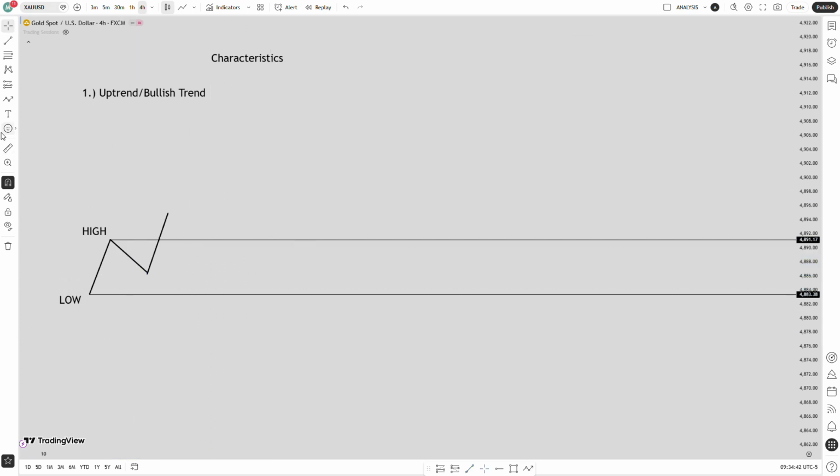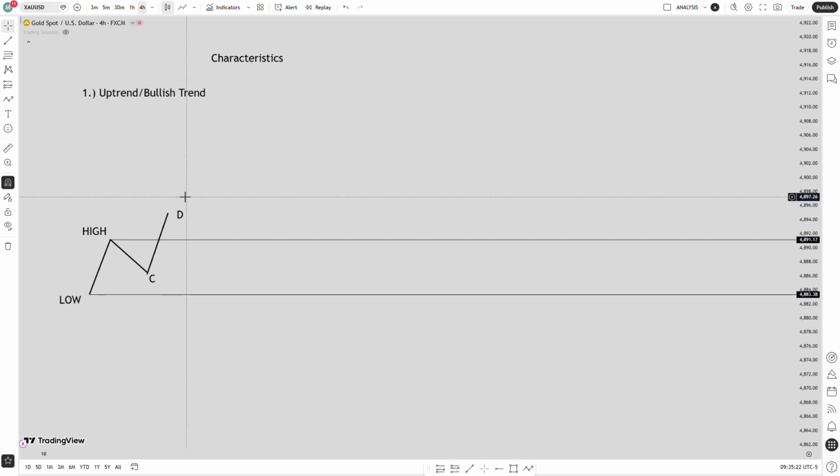We can call here for now point C, while we call here point D. So if the market moves from this low to this high, then retraces, that's a pullback into this C, but doesn't go beyond the C, then from there it turns around again and goes above this high.